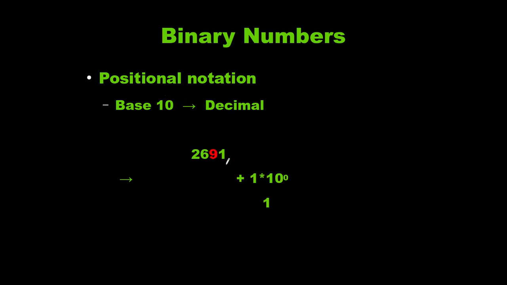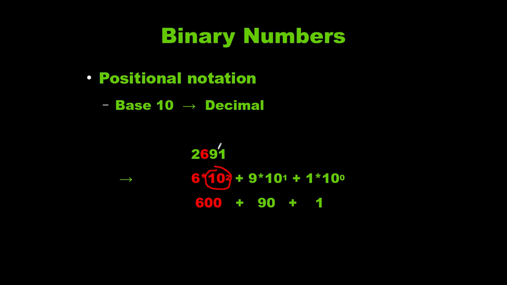Plus what? 9. Now 9 is in position 1. So I'll have 10 to the power 1 multiplied by 9. 10 to the power 1 is 10, multiplied by 9 is 90. So I'm saying 1 plus 90 plus what? I'm going to have 6. What's the position of 6? It's 2. This is 0, 1, 2. So I'll have 10 to the power 2 multiplied by 6, which equals 600.